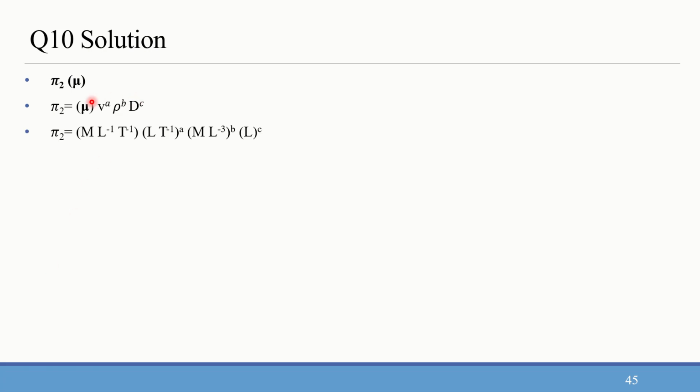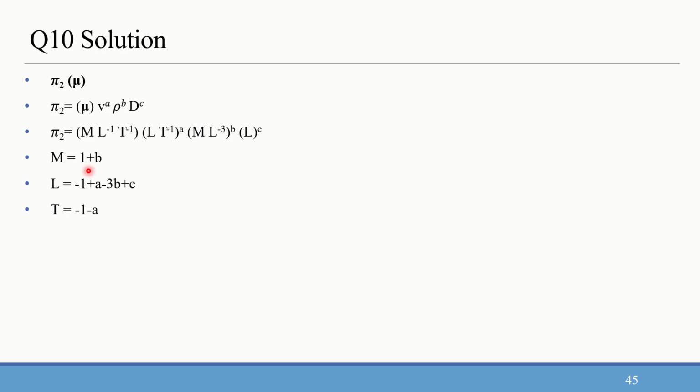Again mu is kg by meter second, so M L to the minus 1 T to the minus 1. Again for V, rho and D we are substituting everything. So what will we get for M? We will get 1 plus b, and for L it is minus 1 plus a minus 3b plus c. For T it is minus 1 minus a.